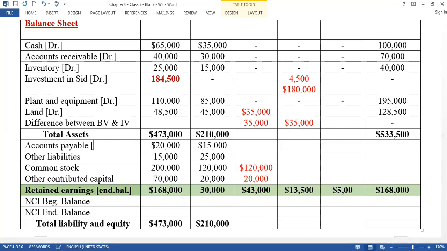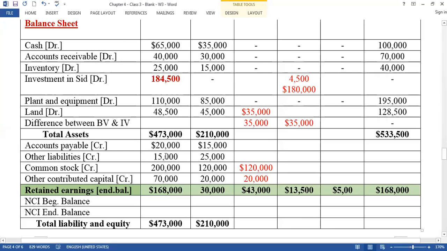Liability, normal balance credit. Then other liabilities, normal balance credit. Common stock, normal balance credit. Other contributed capital, normal balance credit.